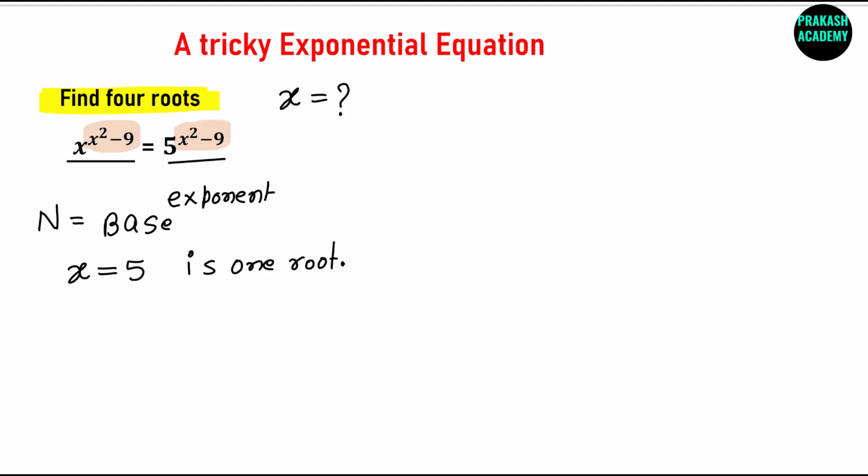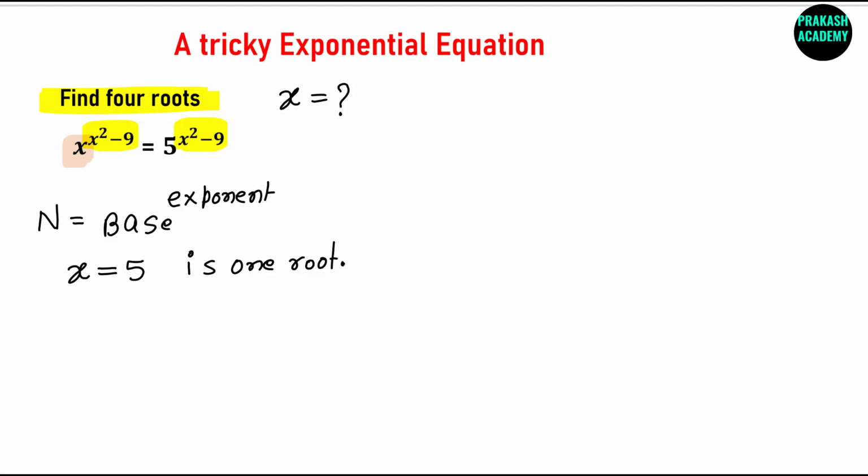Now if you consider this equation, let us say the exponent is 0, that is x square minus 9 is 0, what will happen in that case? In that case you can have any number for x. X can be anything. X raised to the power 0 is equal to 1 and 5 raised to the power 0 is equal to 1.